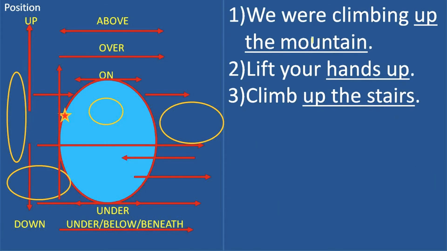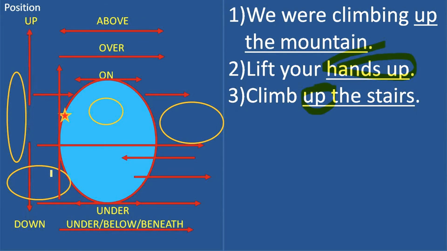For example, we were climbing up the mountain. We are not going down, we are going up. Up means the direction of upper something. Okay. Lift up your hands up. Climb up the stairs.